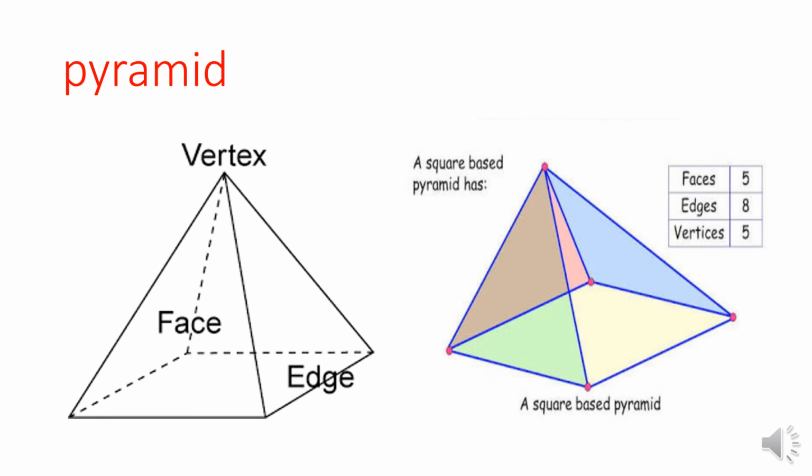And now let's count how many faces, vertices, and edges there are in the pyramid. I will start first to count how many faces there are in the pyramid. We say that the face it is the flat surface. I will see how many flat surfaces there are at all. So this is the first one. Here I have face number 1. I will change the color to make it more clear. And down I have face number 2.